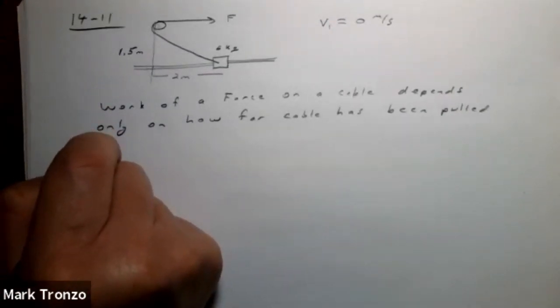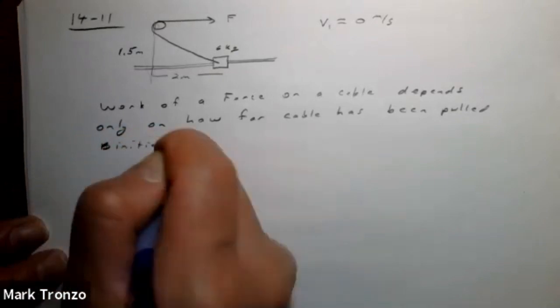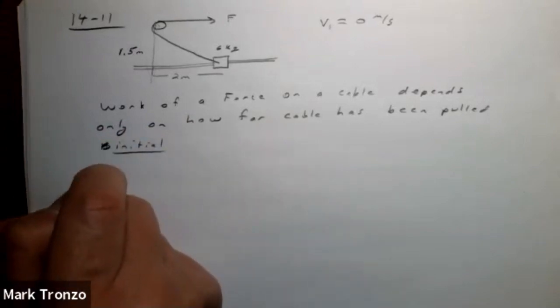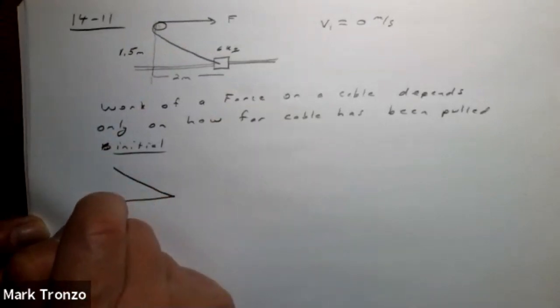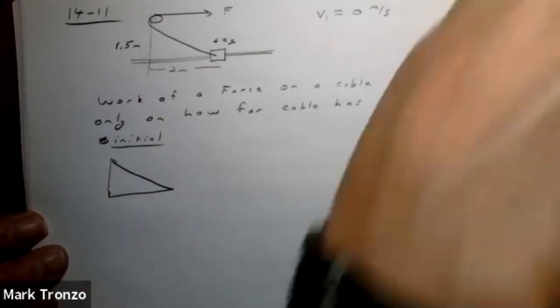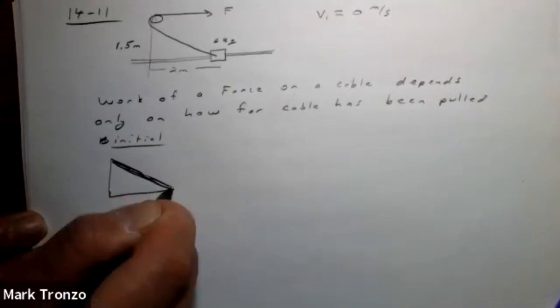So the initial cable. You can see in the picture, it's just going to be a triangle like this. And then this is our cable right here.